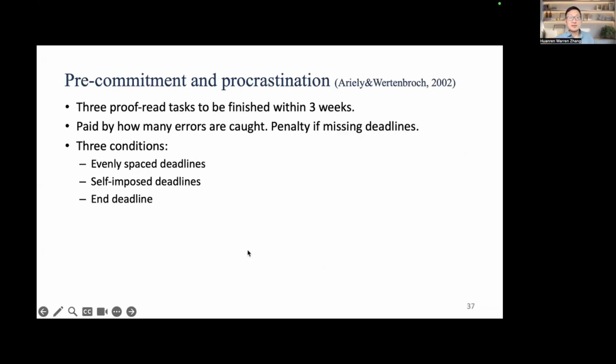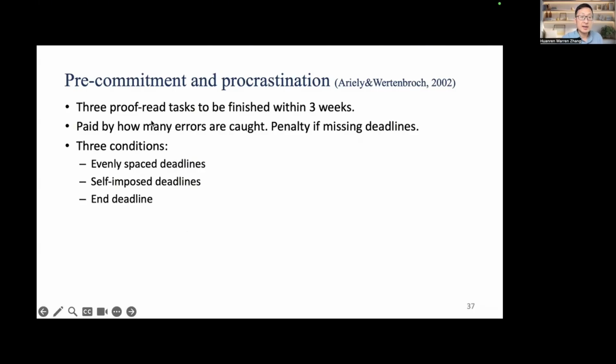Talking about pre-commitment, I want to introduce one study that illustrates how pre-commitment can help with the procrastination problem. In this study, the students in the course had 3 proofreading tasks to be finished within 3 weeks.